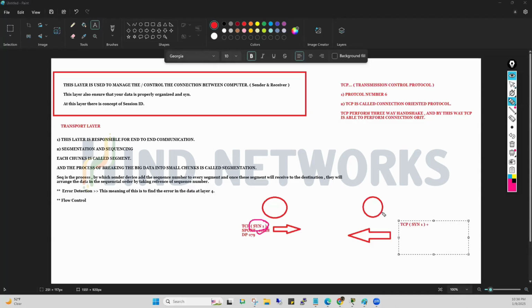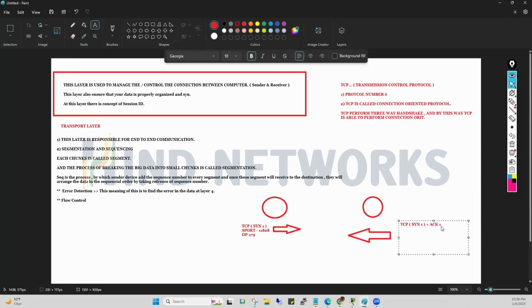Right now, R2 is trying to tell R1, hey, I received your packet successfully. But how? By the help of acknowledgement. So here, the acknowledgement will also be on.